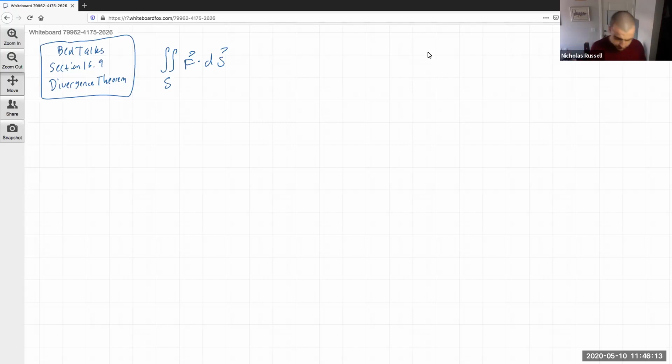We have seen that we can calculate this by parameterizing our surface, similar to what we did in Stokes' theorem. We parameterize our surface with r(u,v), calculate our normal vector r_u cross r_v, and then we can calculate this whole thing out.